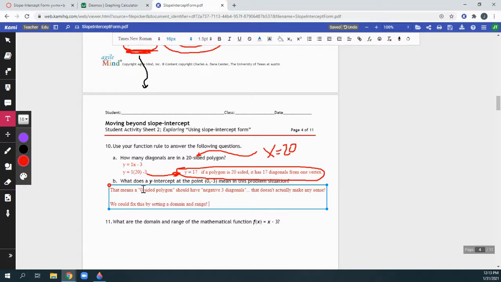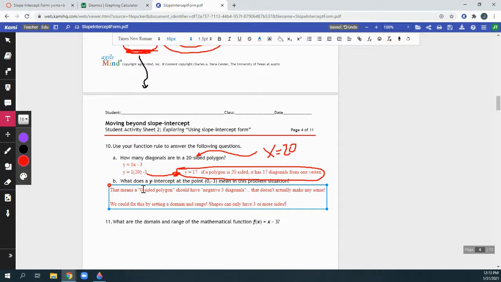Remember those? Three or more sides. So what does that mean? I'm typing rather than talking.